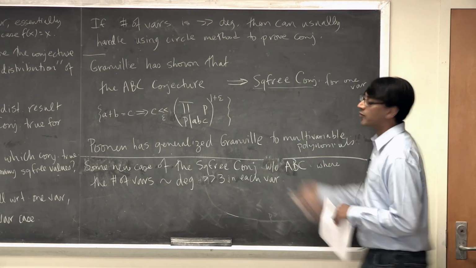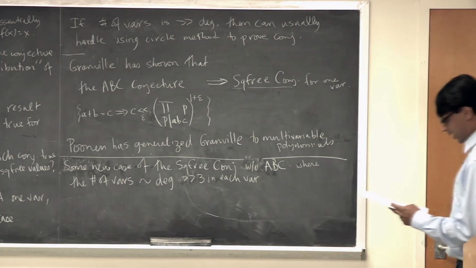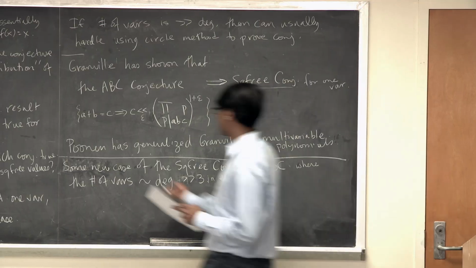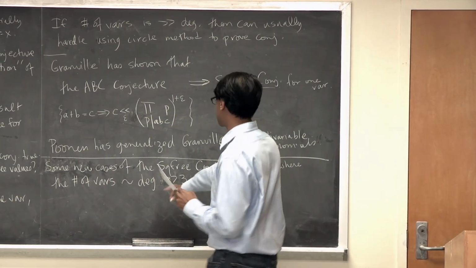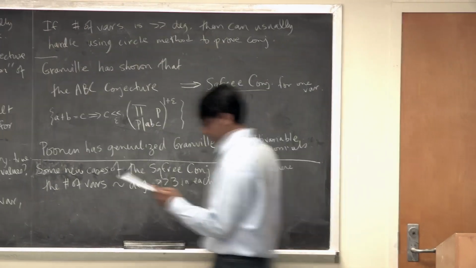So it's not a case that could be reduced to the one variable case, and it's not a case that could be reduced to a circle method type of argument. Okay, so what are these new cases? Some new cases of the square-free conjecture without ABC, where the number of variables is about the degree, and the degree is large in each variable.